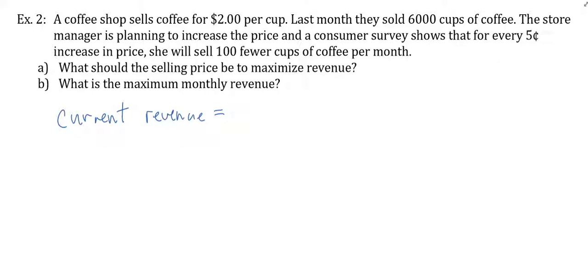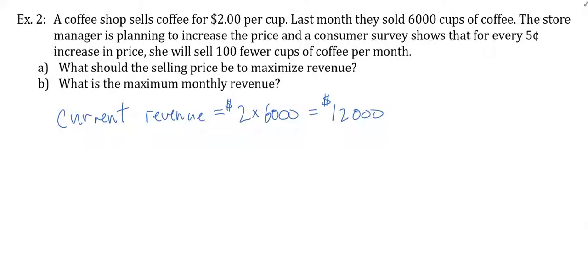$2 times 6,000, which equals 12,000. There's a couple of reasons why this is useful, because it reminds us that revenue equals price times number of sales.